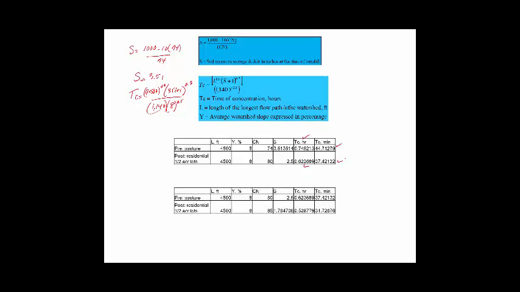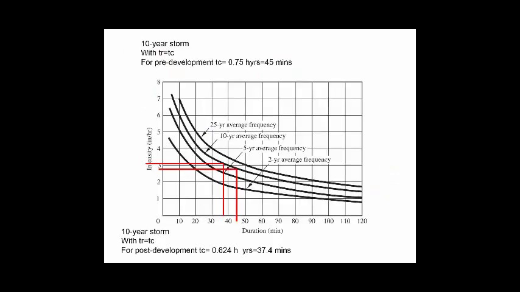So this is for hydrologic soil group C, and this is soil group D. Okay, so you can practice with both, but of course for the exam it would be clear. So I look at the pre-development, and the time of concentration for pre-development is 45 minutes, and for post is 37.4.